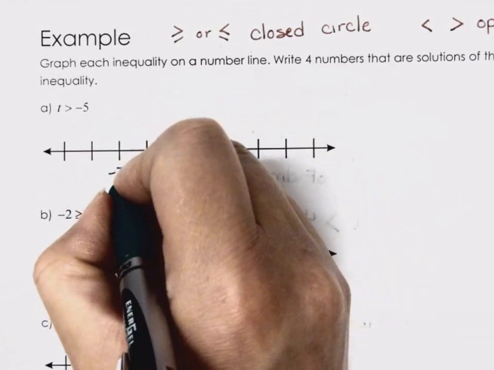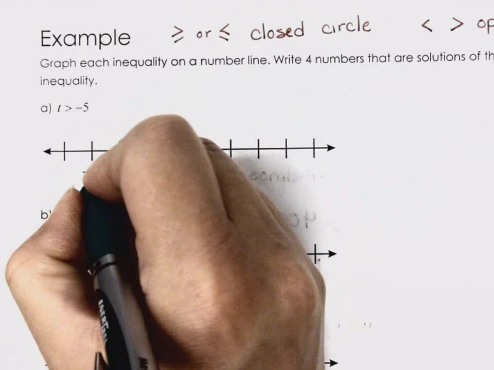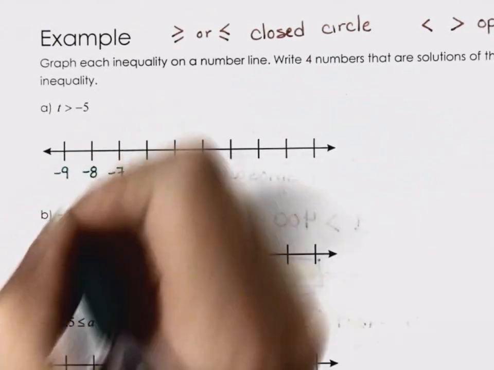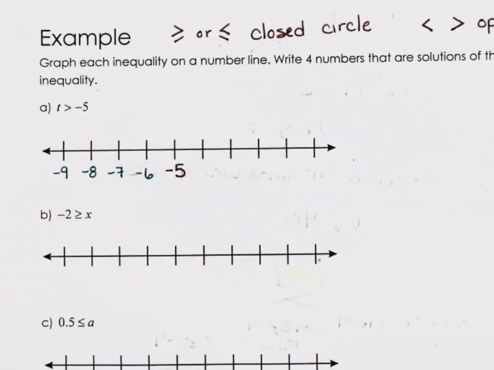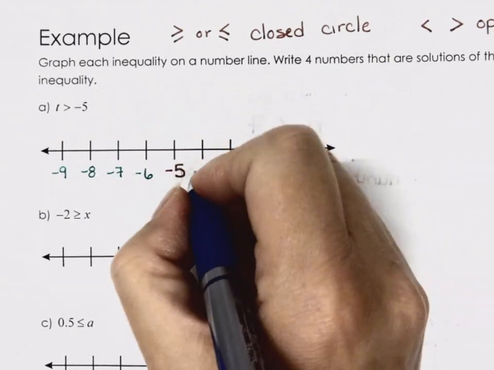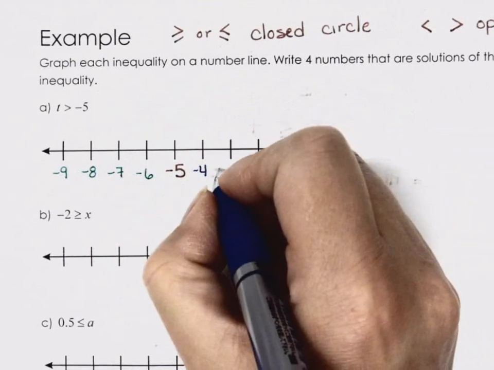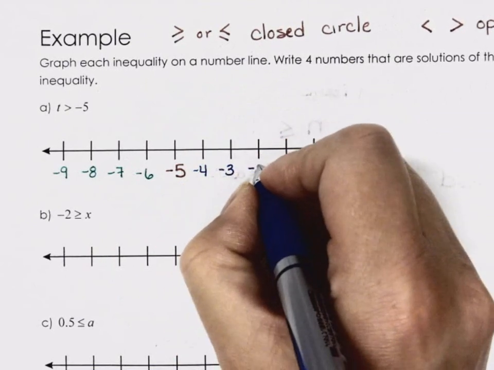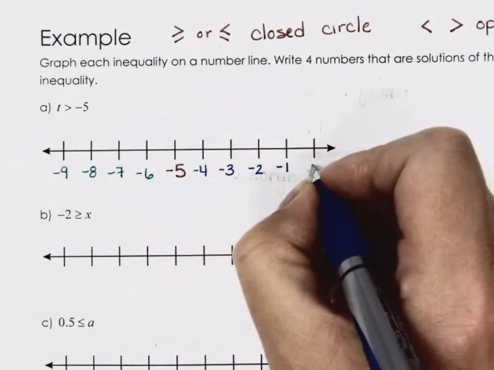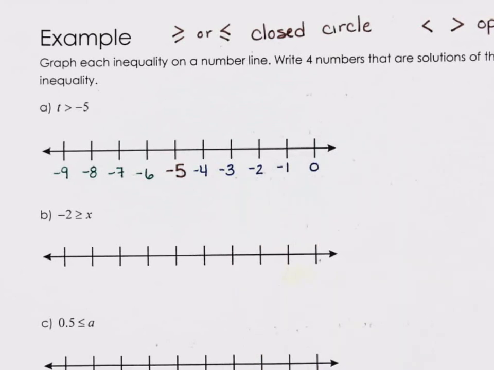So -6, -7, -8, -9. And if I go to the right, they're going to be bigger numbers. So -4, -3, -2, -1, and 0.